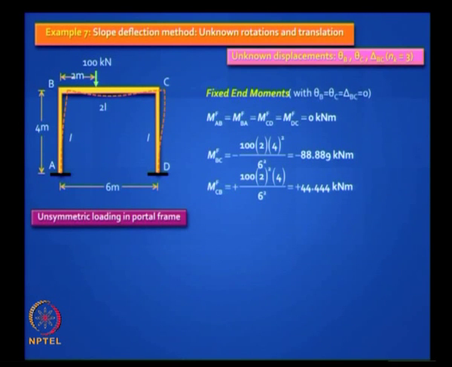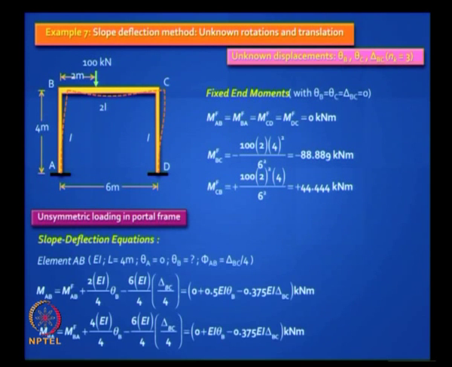Well, instead of phi you say delta, and delta by 4 is phi, right. Okay, so let us demonstrate for AB. Do you agree with this? MAB is MFAB plus 4 EI by L of theta A, which is gone because theta A is 0. So you are left with 2 EI by L of theta B minus 6 EI by L into phi.